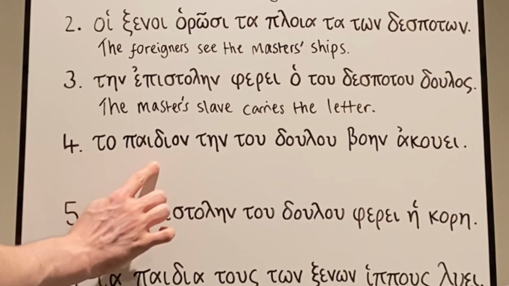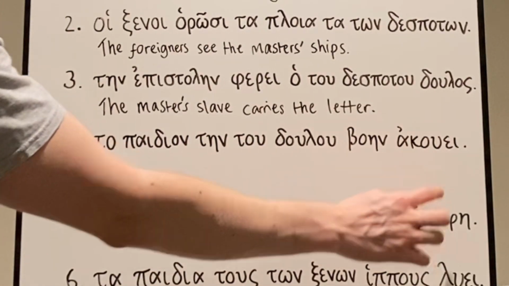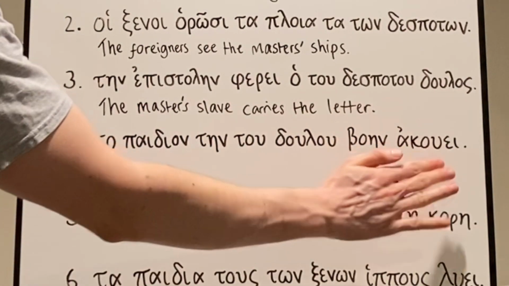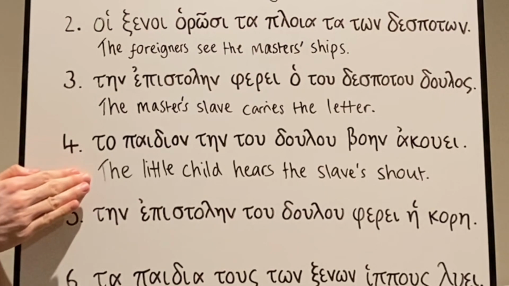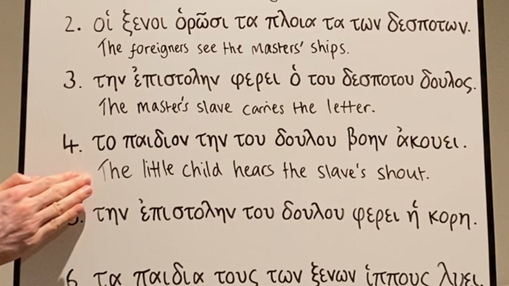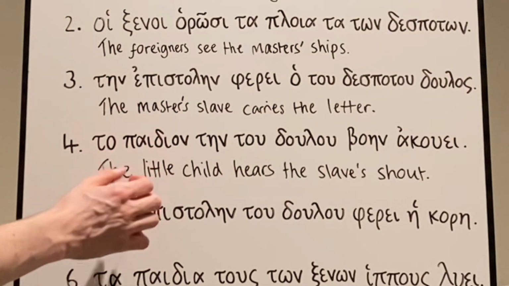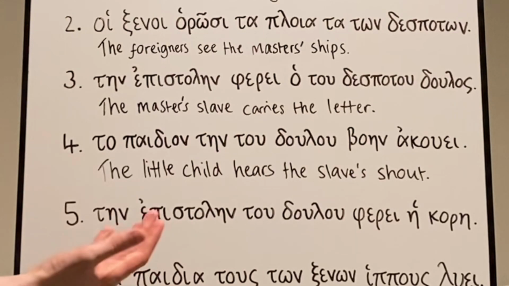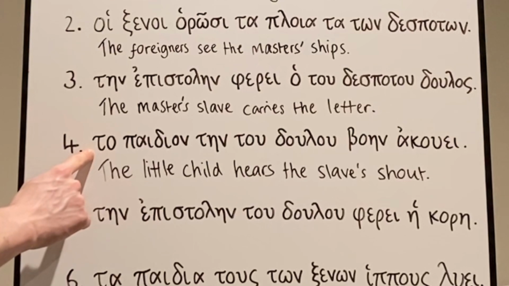To paidion ten tou doulou boan akouei. I hope you spotted this new verb, and I hope you translated it into natural English as the little child hears the slave's shout. And we know it meant that because to paidion, out of context, could be either nominative or accusative, because to is used as the neuter nominative and accusative singular definite article.